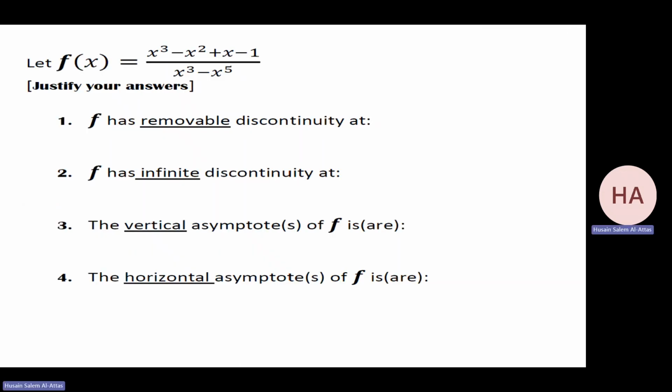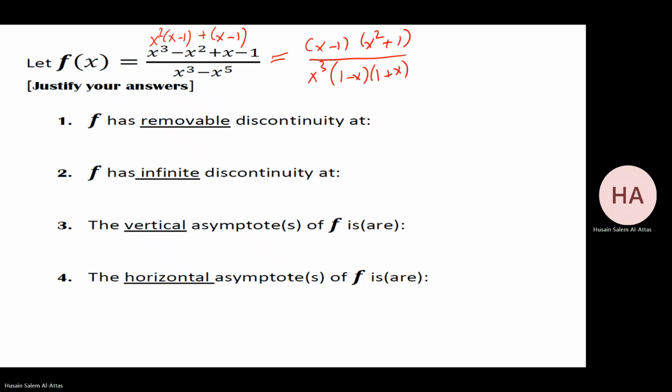Yeah, and I'll stop with this one. If you simplify it, you need to do it by grouping. So it will be x minus 1 times x squared plus 1, over x cubed, 1 minus x, 1 plus x. Removable discontinuity, very clear, at x equals 1.